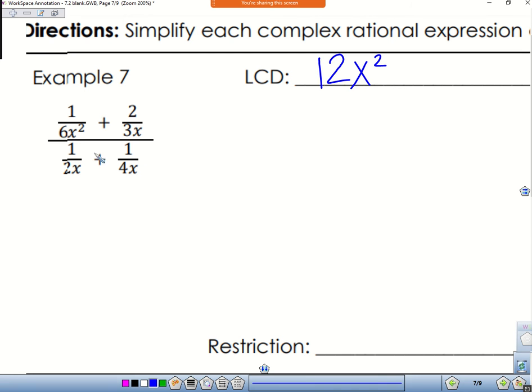Now, once you identify your LCD, you're going to multiply the top by 12x squared and the bottom. And I mean literally the top of the fractions.